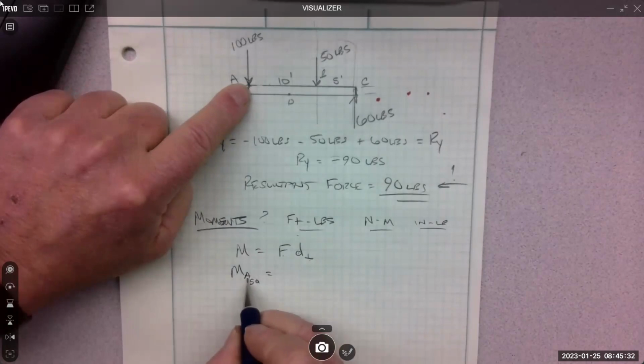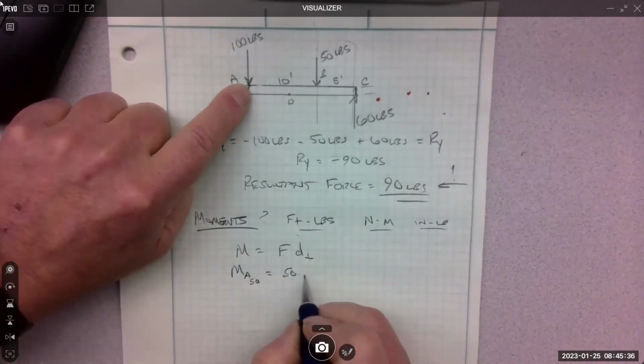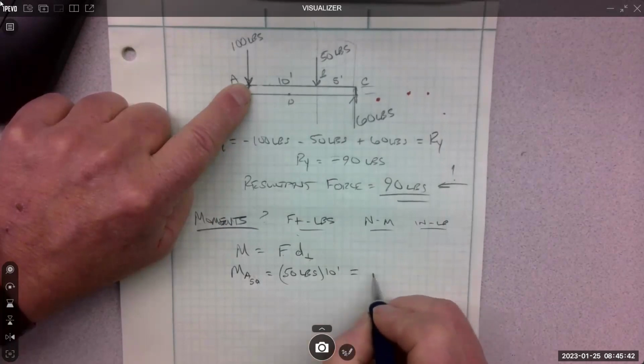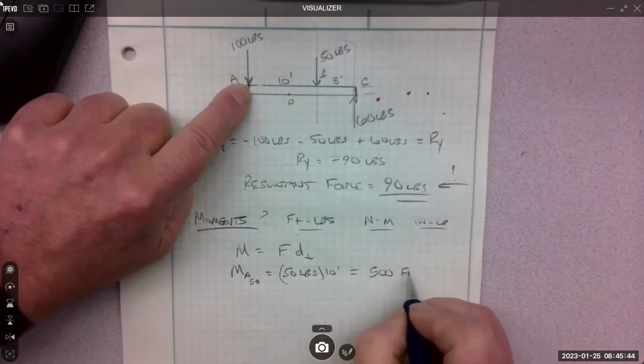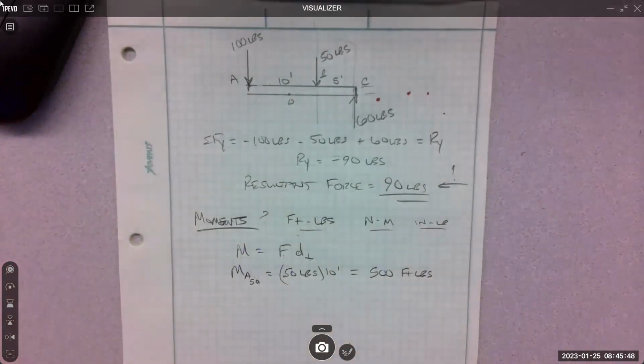I've got to know where I'm doing the moment and what force I'm working with, is going to be 50 pounds times 10 feet equals 500 foot-pounds, feet times pounds. That's the rotational effect of that single force about the point. That's what it's trying to do to it, is just rotate.